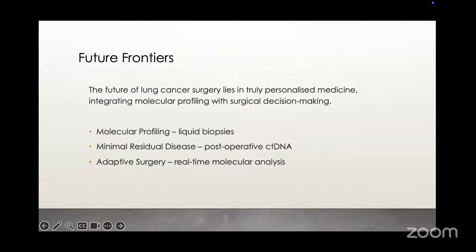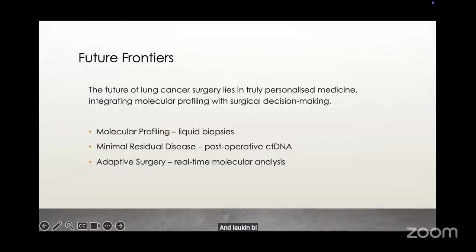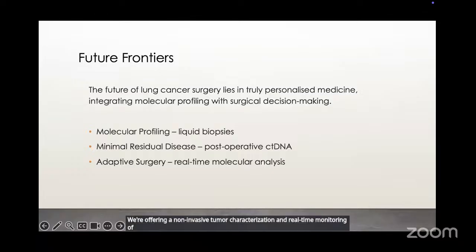A few other future developments, we're now seeing the advent of molecular profiling in terms of liquid biopsies. And liquid biopsies analyze circulating tumor DNA or ctDNA from blood samples, offering a non-invasive tumor characterization and real-time monitoring of treatment response and minimal residual disease.